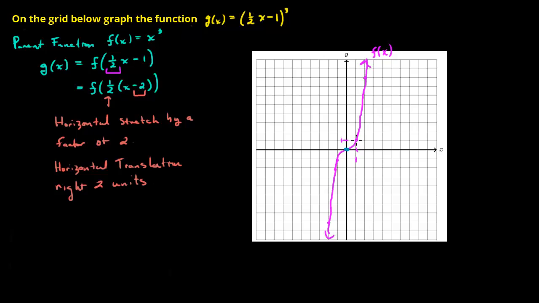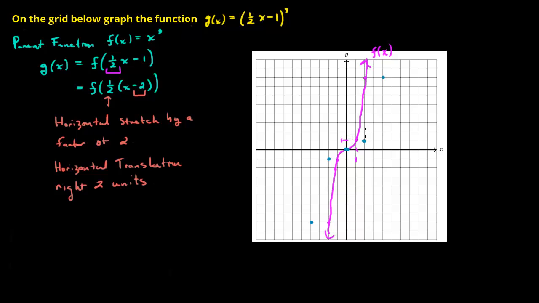Next, I'm going to stretch this point horizontally by a factor of 2. If I multiply 1 by 2, I get 2. If I stretch this point by a factor of 2, I'll get a point here. I do the same for this point, and this point, getting points here.